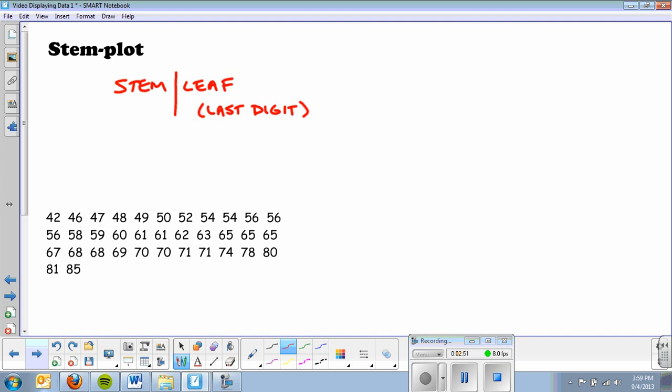Some examples would be 32. You would write it as 3, 2. 29 would look like 2, 9. 112 might look like 11, and then a 2. So there's some examples of that.